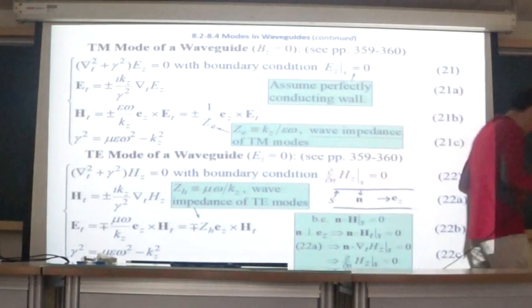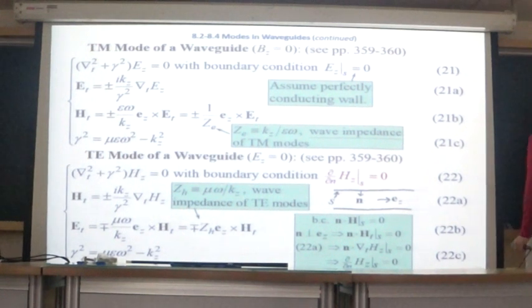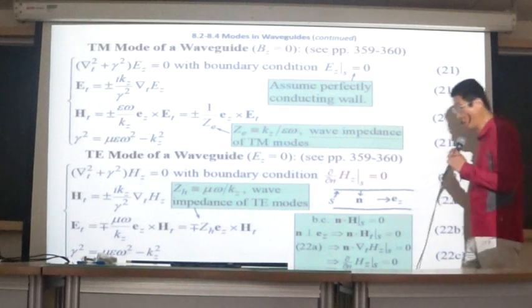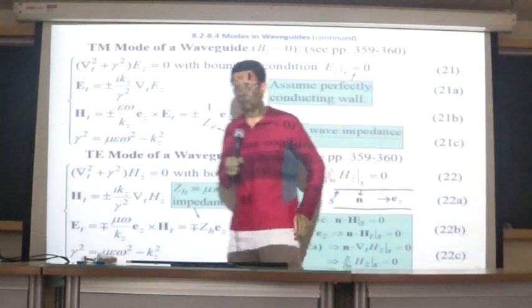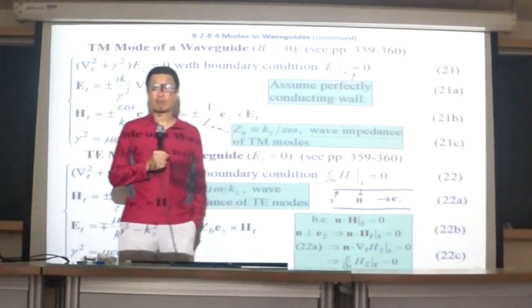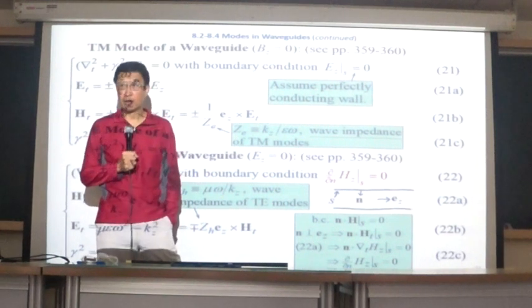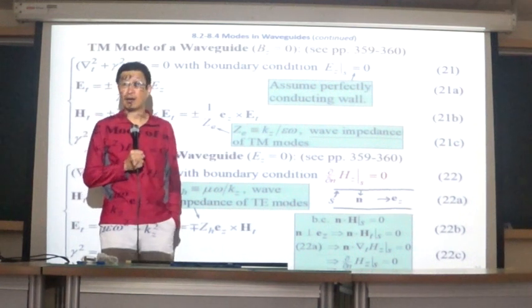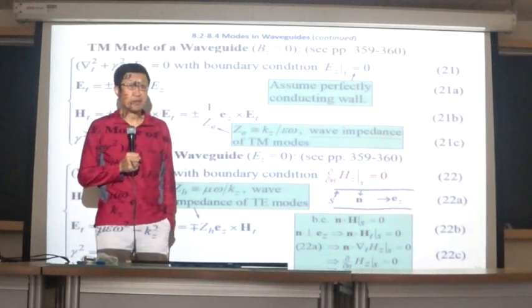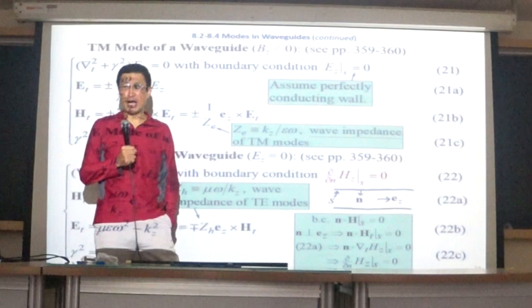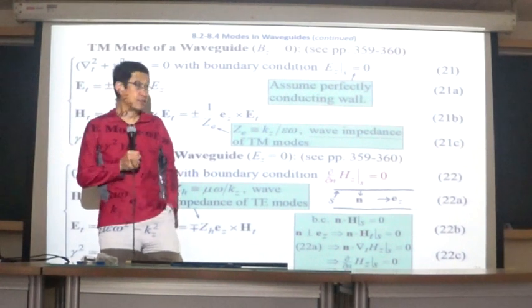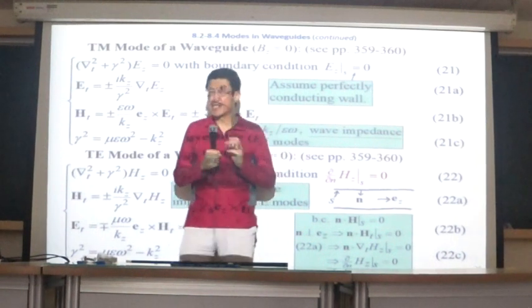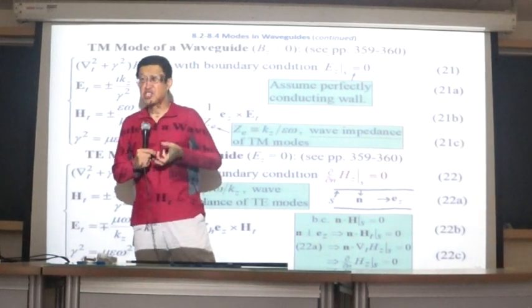Dimension is this one, ohm. They have the same dimension, ohm. Okay. So the ratio between E field and H field, we call impedance. The idea is quite similar to resistance.